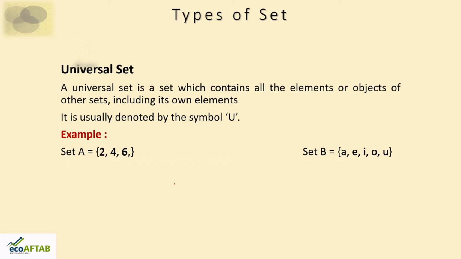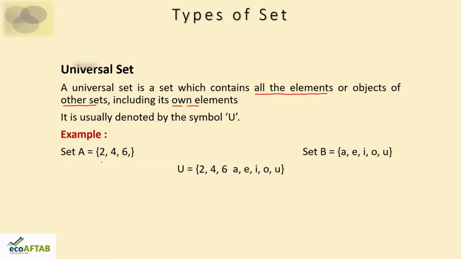You can see here on the slide 2, 4, 6 and A, E, I, O, U together form the universal set. So the universal set, as I said, contains all the elements of other sets, including its own elements.